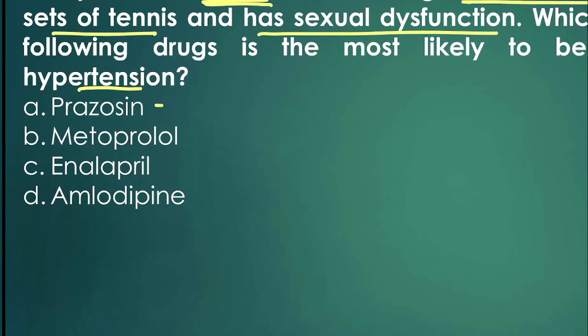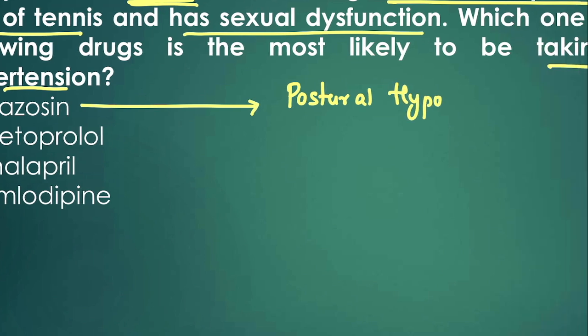Now coming to prazosin, it can cause postural hypotension. And also it can interfere with sexual function. It inhibits ejaculation. So maybe this is the drug.